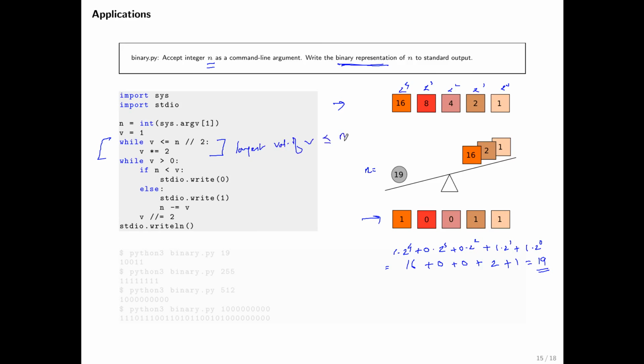So for example, if n is 19, which was the input here, this while loop will correctly identify v to be 16, right? So let's see how it does that. If n is 19, then what is n slash slash 2? 19 slash slash 2 is simply 10, right?